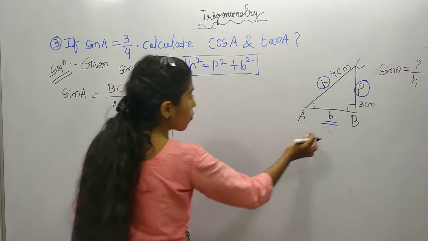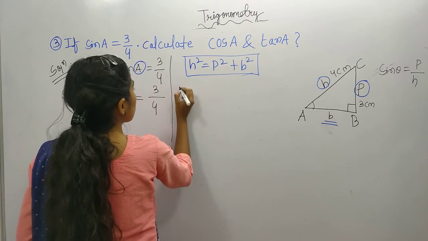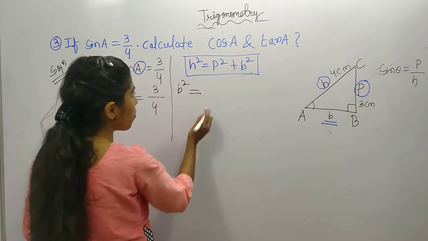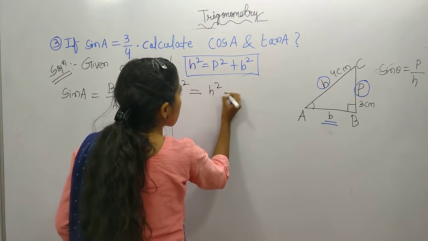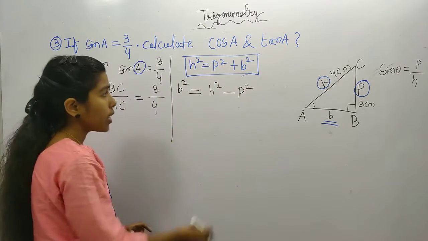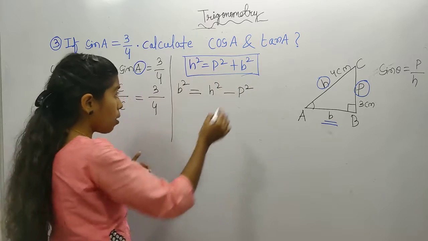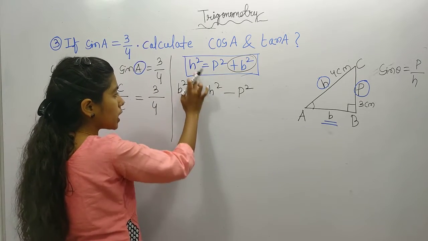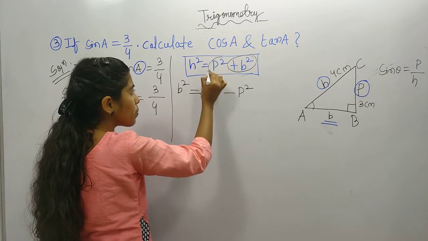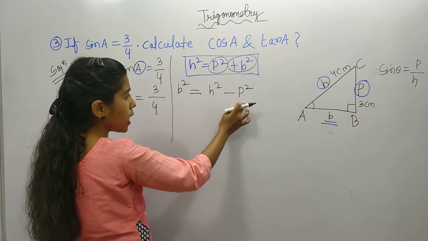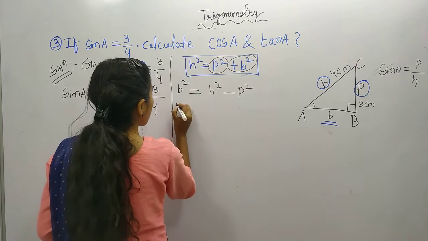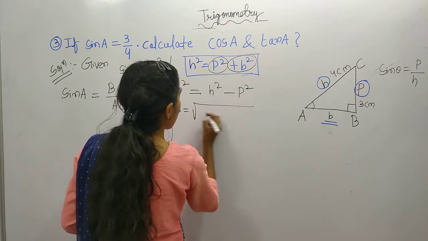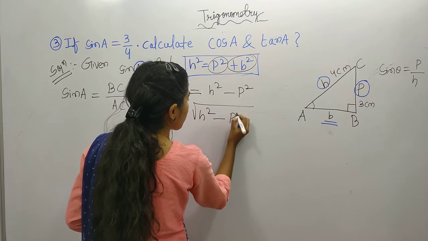Next, what do we have to find? Base. That means B square. Then B square will be H square minus P square, right? We bring this P square to the left hand side, so it will be negative sign. So B equals root over H square minus P square.